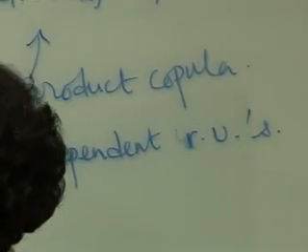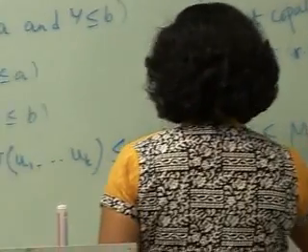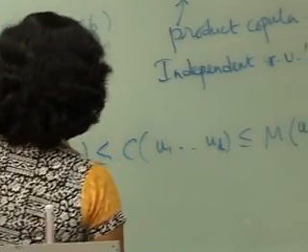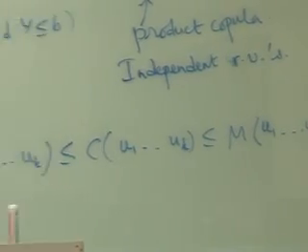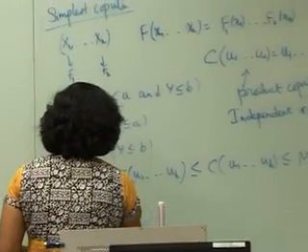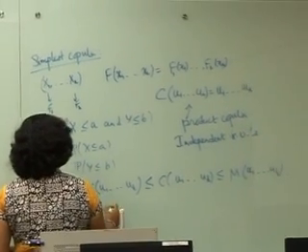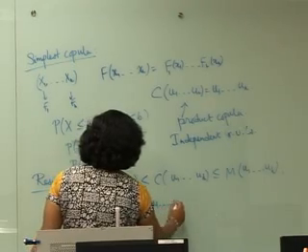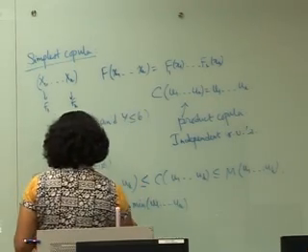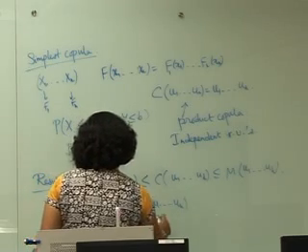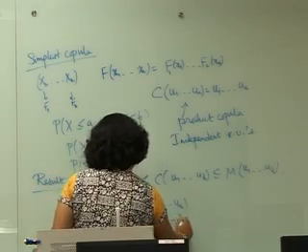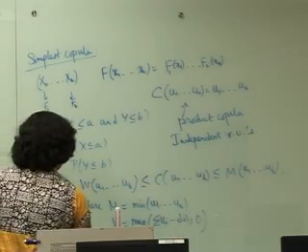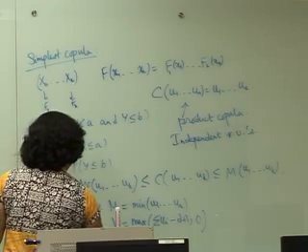One is called W and the other is called M, where M is the minimum of u1 through uk and W is the maximum of the summation of ui minus k plus 1, and 0, for any copula C. I started writing k and the book has d, so sometimes I'm confusing myself.